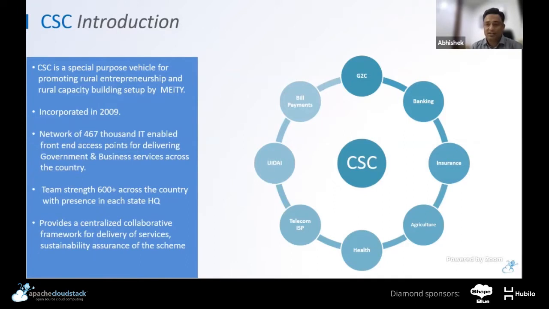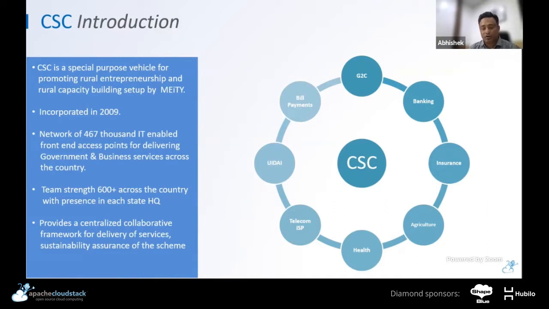CSC is a special purpose vehicle which is set up by the Ministry of Electronics and IT. It was set up as a project in 2006. The idea was to have a network of kiosks all across the country from where government services could ideally be delivered to citizens without letting them walk to the nearest government office, thereby bringing a lot of convenience for the people and making it easier, rolling the way out for electronic governance.